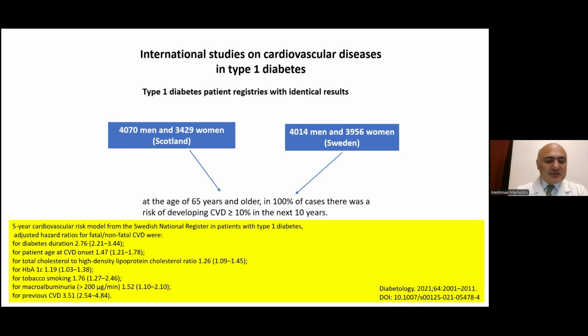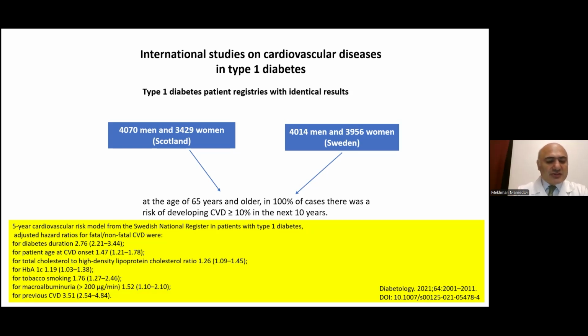In the 5-year cardiovascular risk model from the Swedish National Register in patients with type 1 diabetes, the adjusted hazard ratios for fatal and non-fatal cardiovascular diseases were: for diabetes duration, 2.76. For patient's age at cardiovascular disease onset, 1.47.